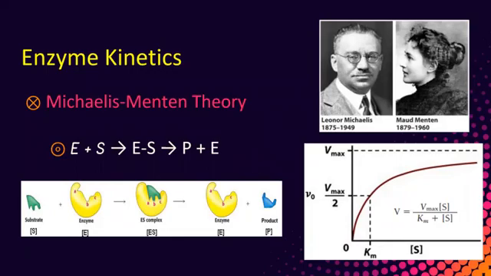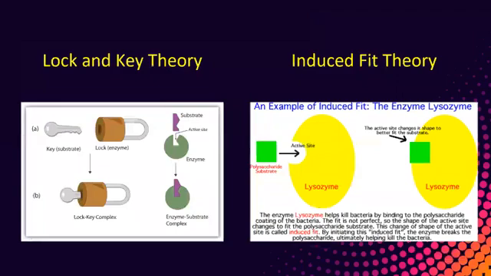So they have formulated, class, two different theories when it comes to enzyme kinetics, or the movement of our enzyme. We have our lock and key and our induced fit theory. For our lock and key, it is just like the regular locks in our houses.